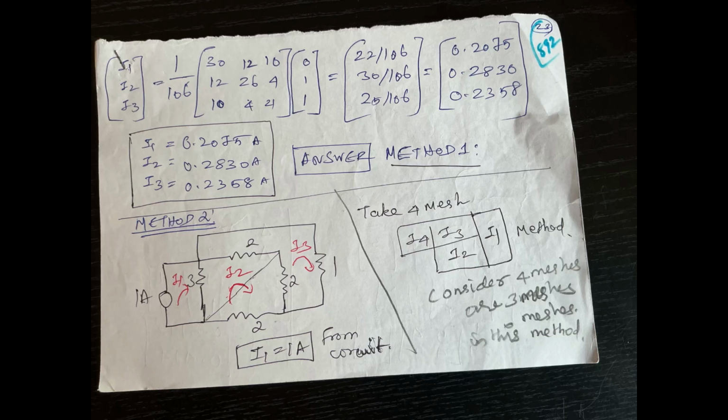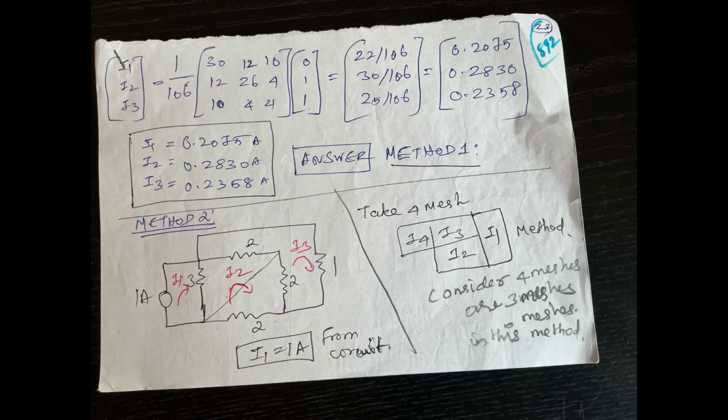Method 2: we put equations. We take the circuit with 4 meshes, but consider 4 meshes or 3 meshes in this method. That is an important point. Put I1, I2, I3 as mesh currents.